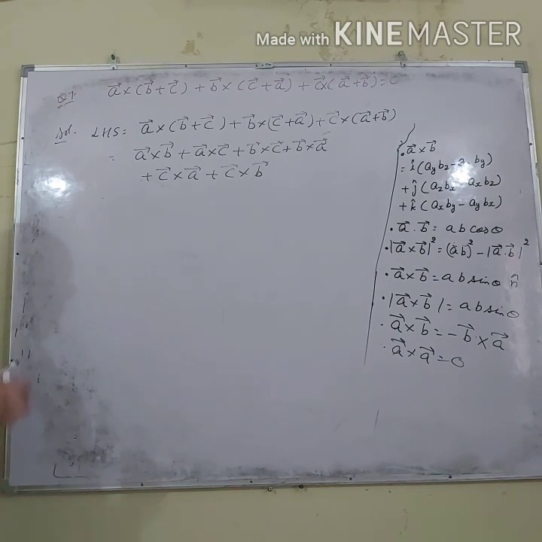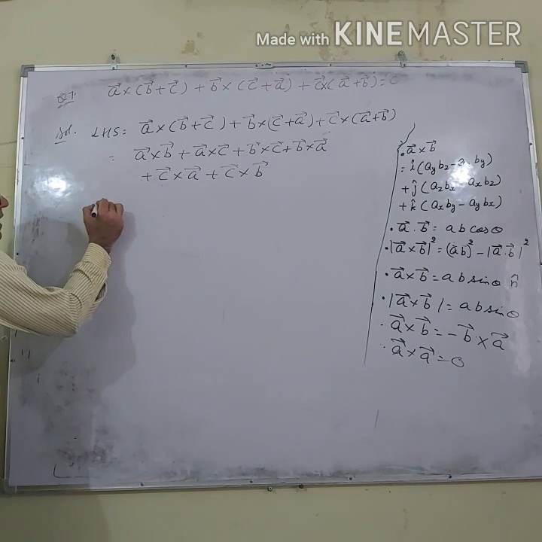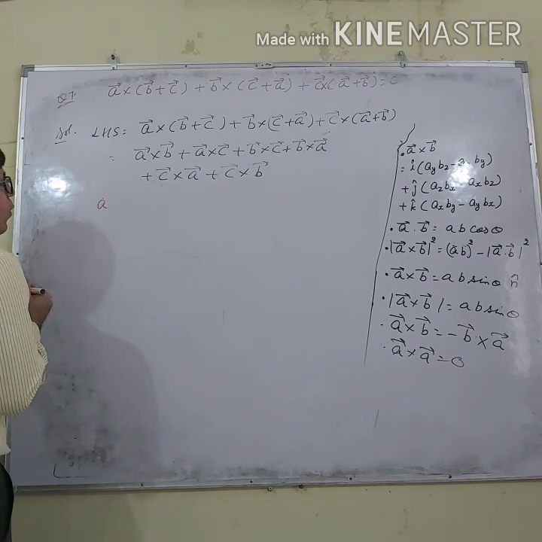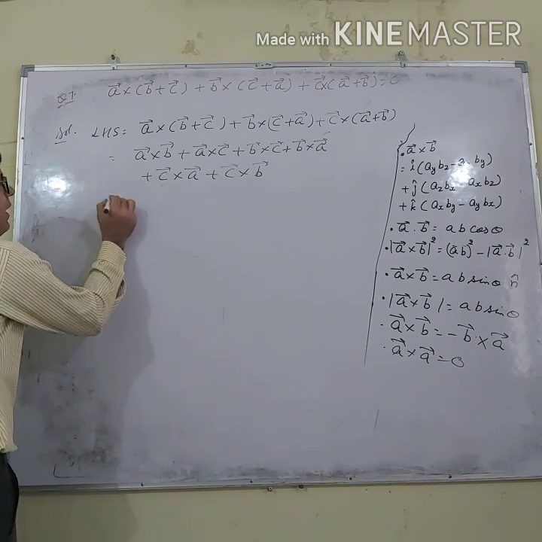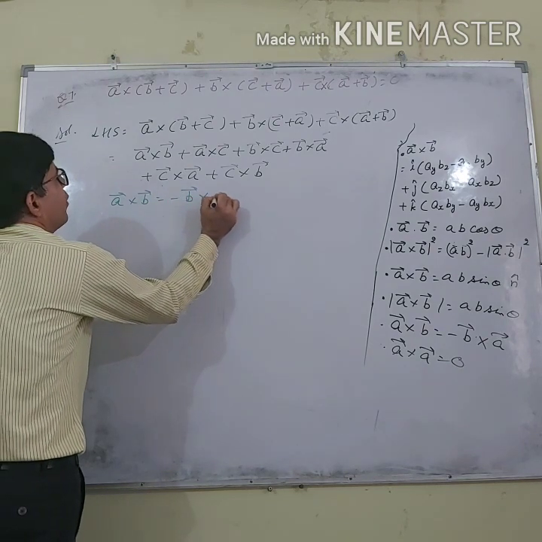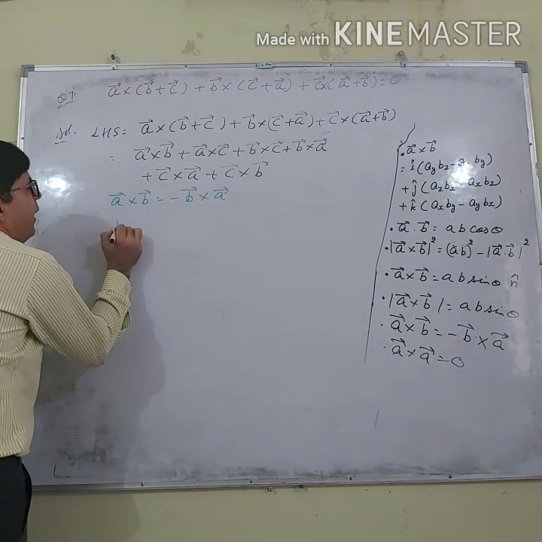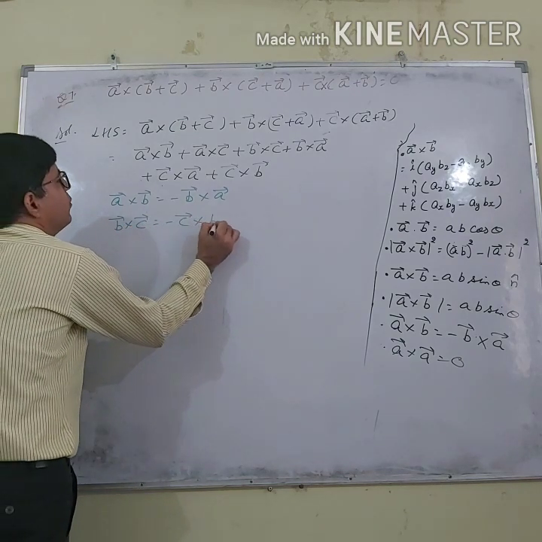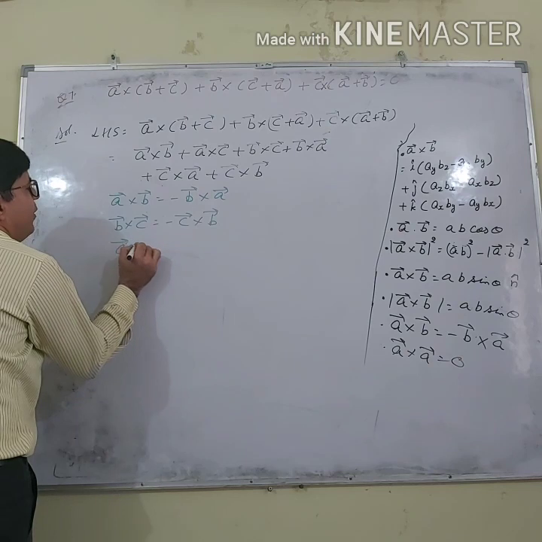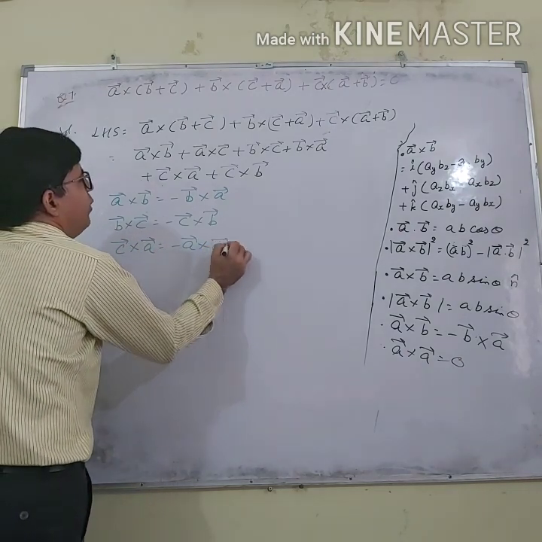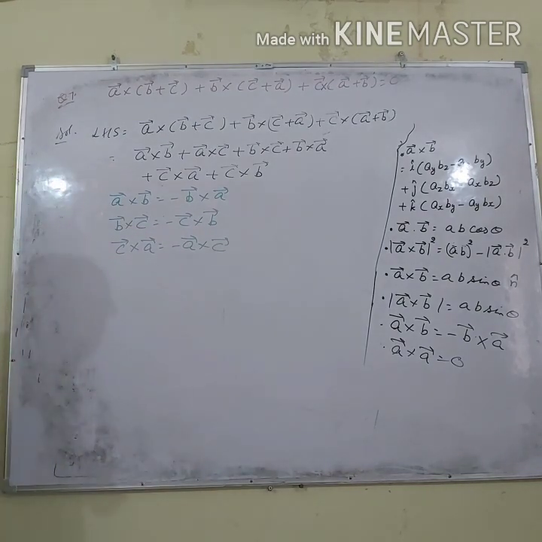Now very simple. All of us know that A cross B equals minus B cross A, and B cross C is equal to minus C cross B, and C cross A equals minus A cross C, because cross product is anti-commutative.